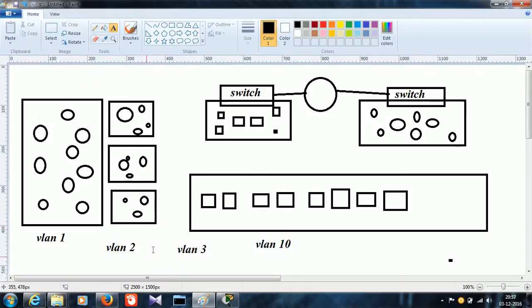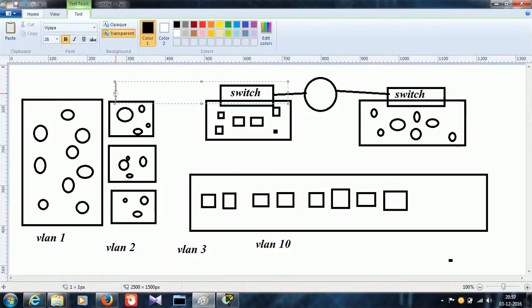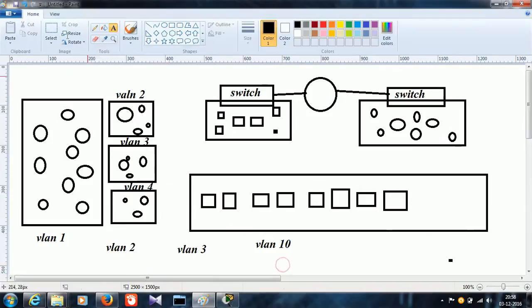So let's consider this classroom is like VLAN number 2, the second classroom is for VLAN number 3, and the third classroom is called VLAN number 4. So I will create 3 VLANs: VLAN number 2, VLAN number 3, VLAN number 4.